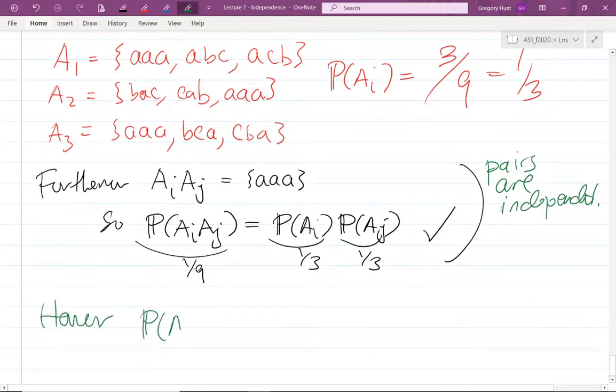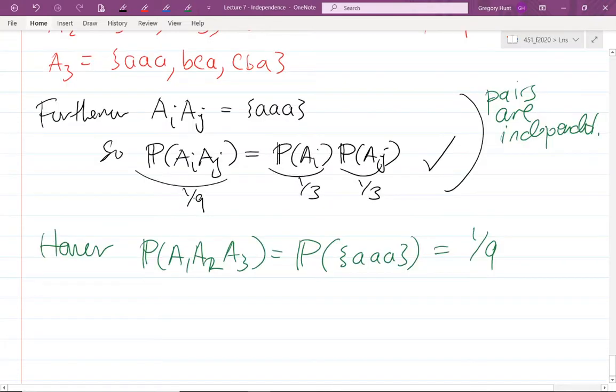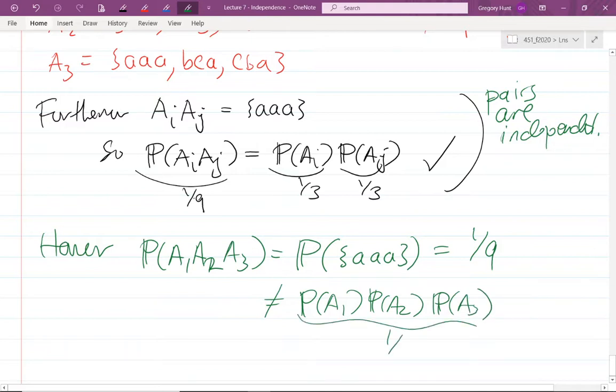However, if we look at the intersection A1, A2, A3, the intersection of all 3 is again just the event AAA that has a probability of 1/9, and that certainly is not equal to the probability of A1 times the probability of A2 times the probability of A3, because this thing is 1/27. It's 1/3 by 1/3 by 1/3.